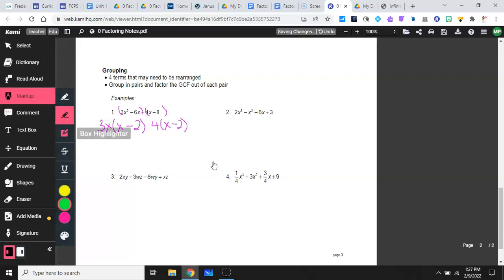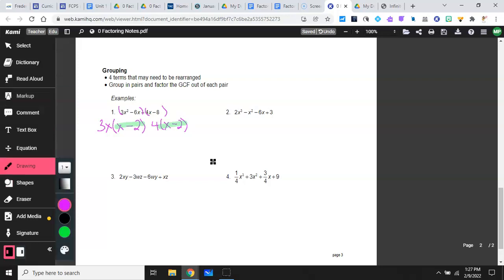The big idea with this is that we want to make sure that this polynomial and that polynomial are exactly the same, or those binomials are exactly the same. So what happens here is that binomial is one of my factors.